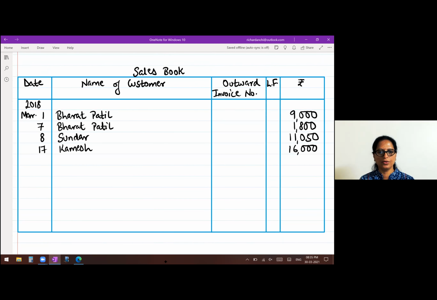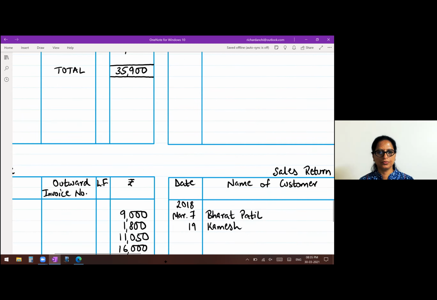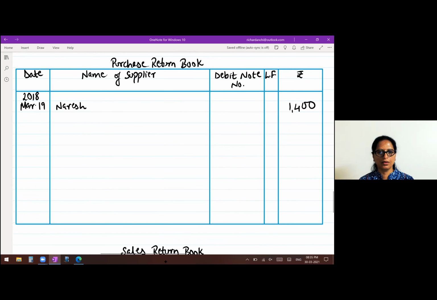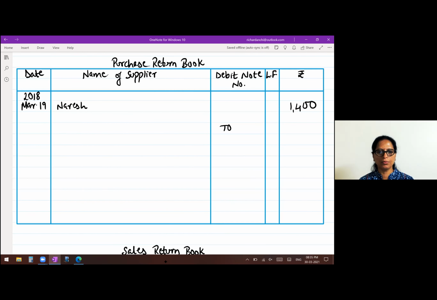There are 4 entries there. So the total here will be 37,850. Purchase return book. There's only one amount, so that will be the total, which is 1,400.